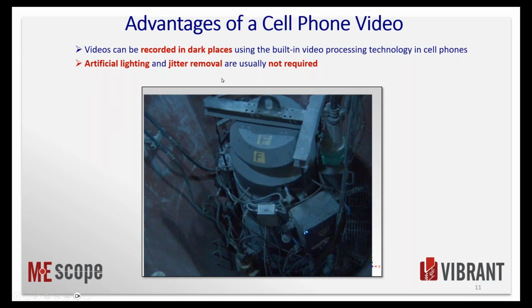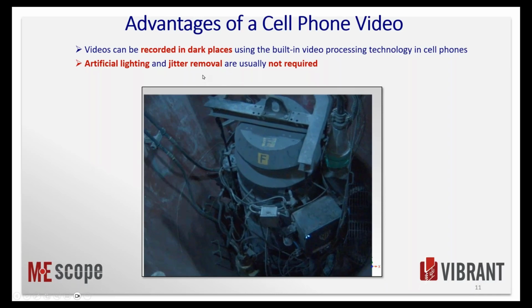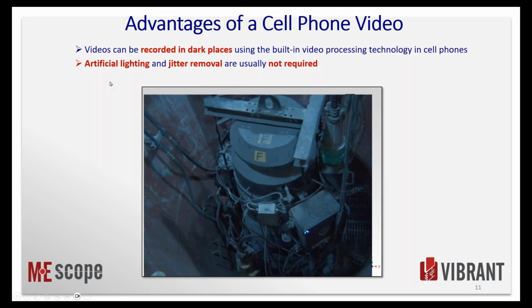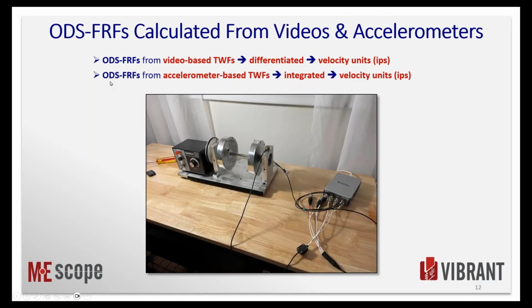So artificial lighting and jitter removal, we have capability in MEscope. I've been through it. I'll explain a little bit of it to you for removing what we call background motion, and then just end up with the motion of the test article.